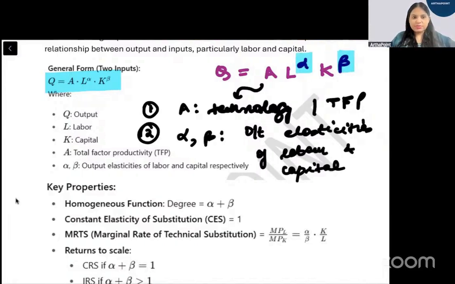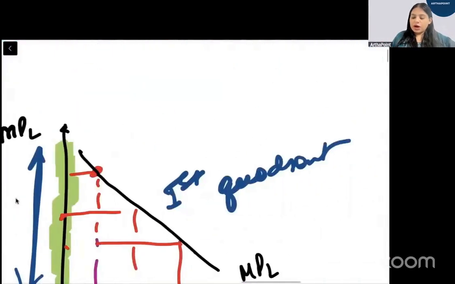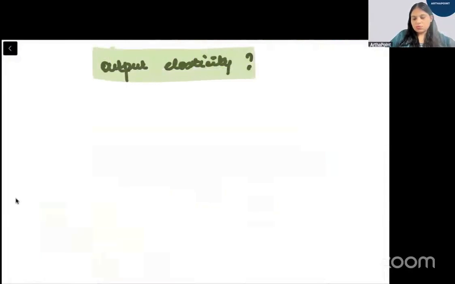इस पे थोड़ा सा एक मिनट, let's focus a bit on this. What is the meaning of output elasticity? तो एक बार इस तरह ध्यान से देखते हैं.